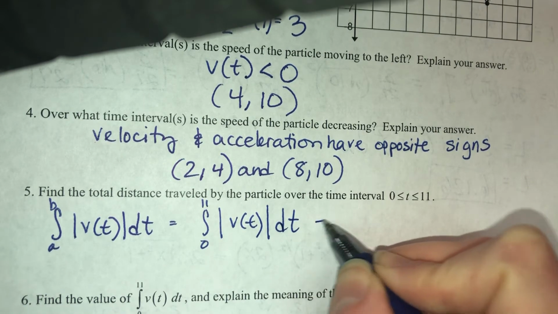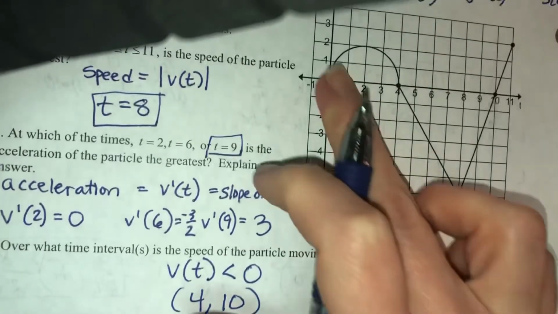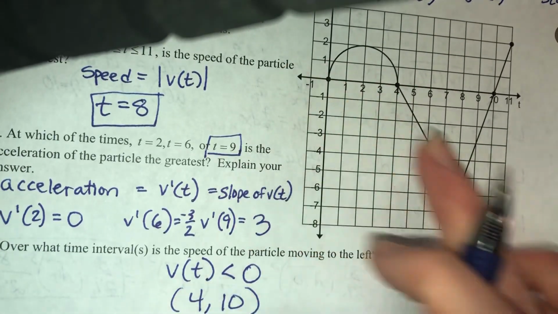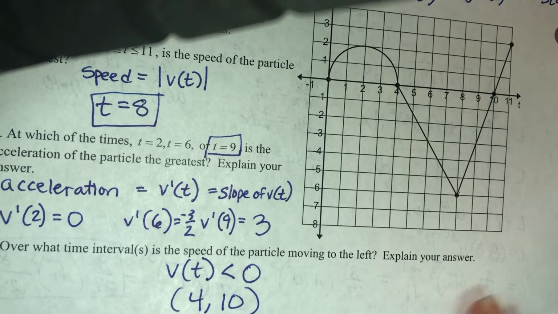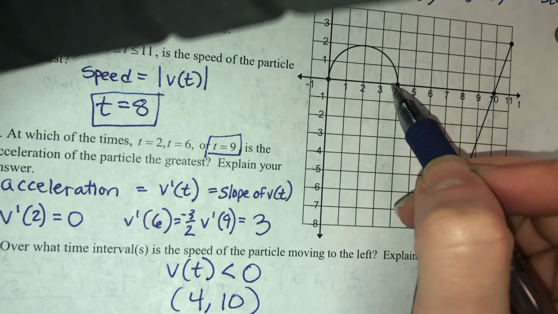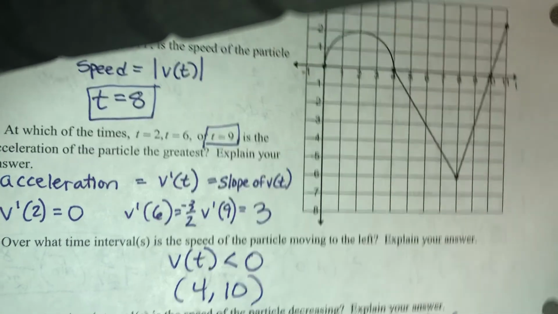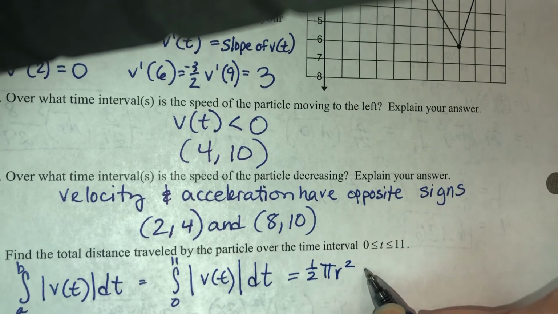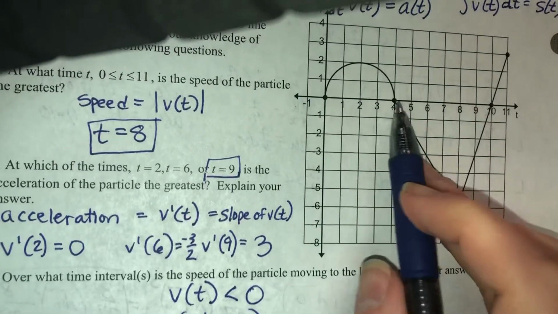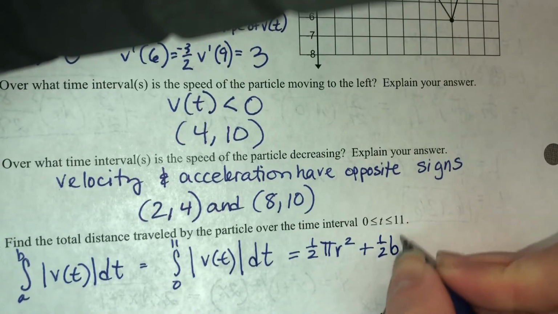So what does that mean? I want the area between the curve and the x-axis, and I want all of it to be positive, okay? Right here I have a semicircle, so that's going to be 1/2 pi r squared. And then I have a triangle, so that's going to be 1/2 base times height.